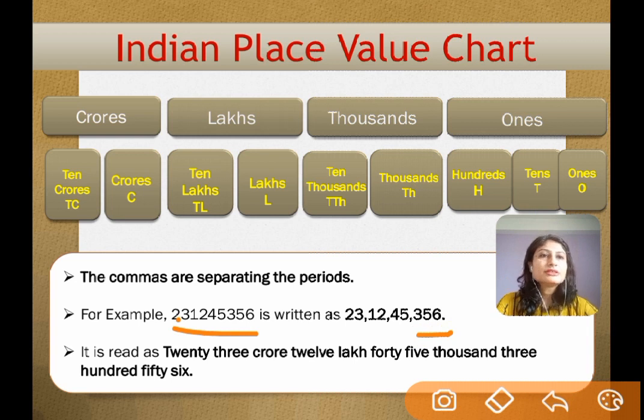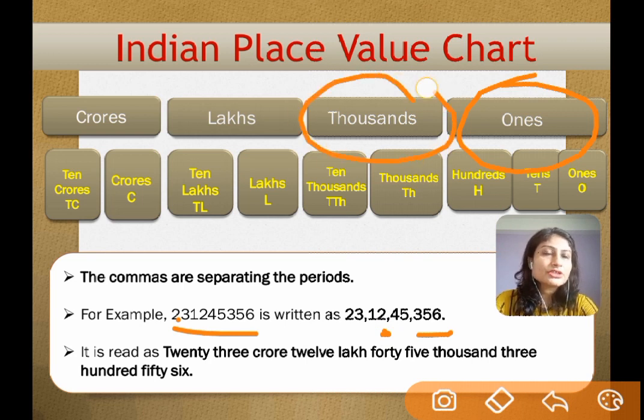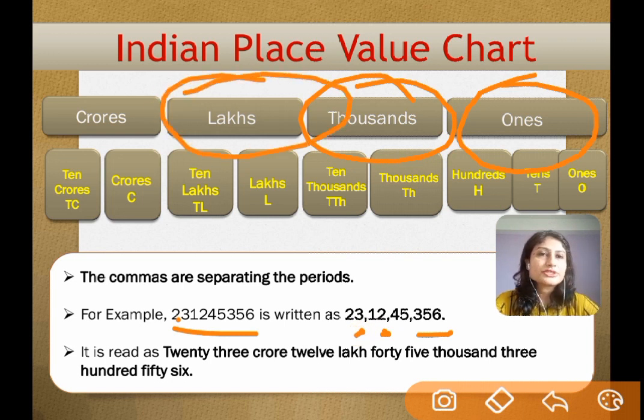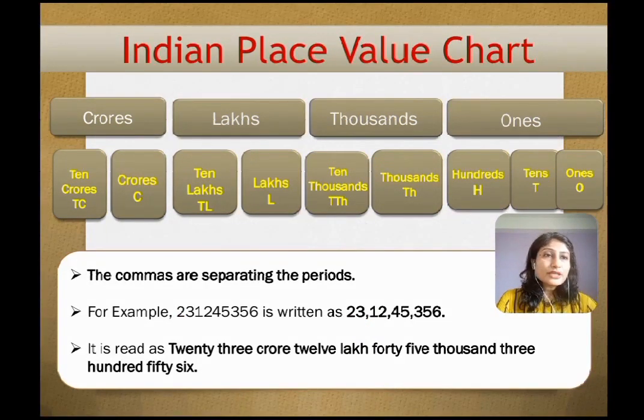So first, here one comma is there after this first period, then after another comma is there after 1000 periods, then one comma is there after lakhs period. So by using comma, you can easily read and write any numbers.